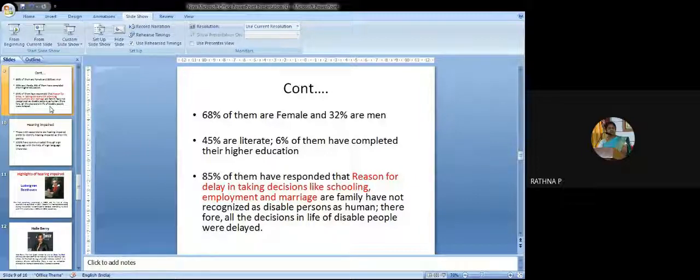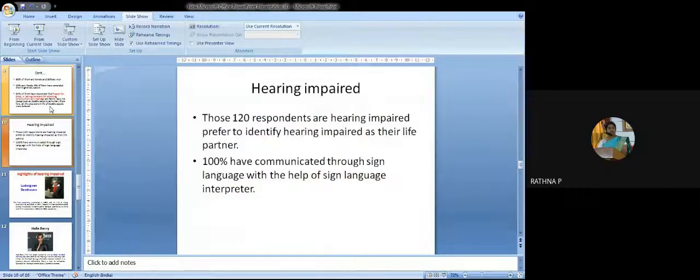And 85% of them responded that the reasons for delay in taking decisions, like schooling, are not only about marriage, but also schooling, employment, and other things like marriage. The family members are not recognizing these disabled people as human. Therefore, their decisions get delayed. All their lifespan, life decisions get delayed.